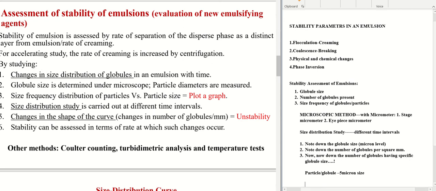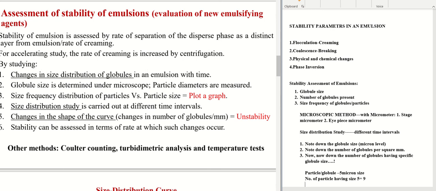Now, count and sum up the number of particles that share the same size. So, number of particles having size 5 is equal to, say for example, 9.